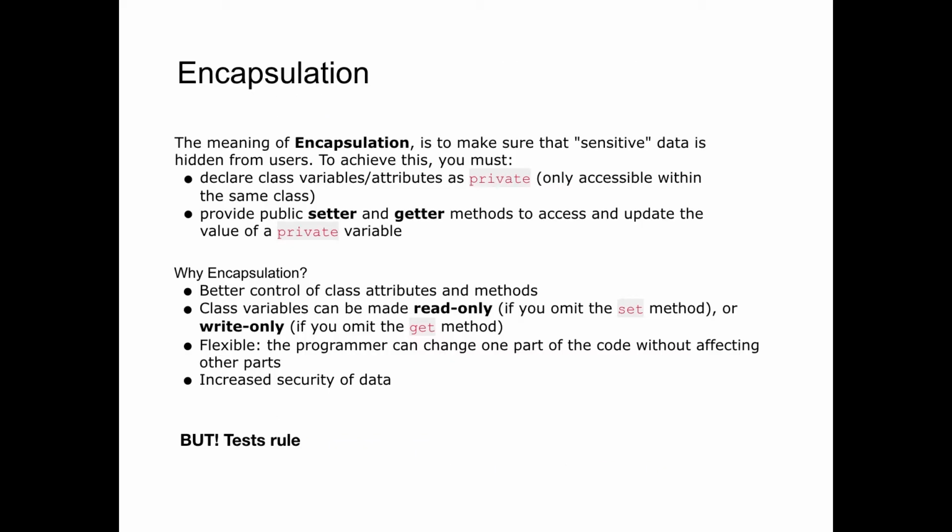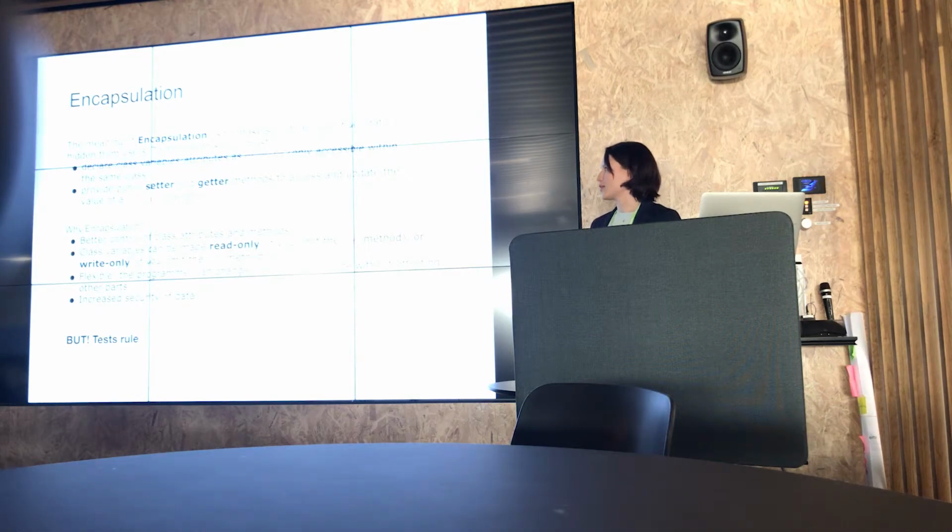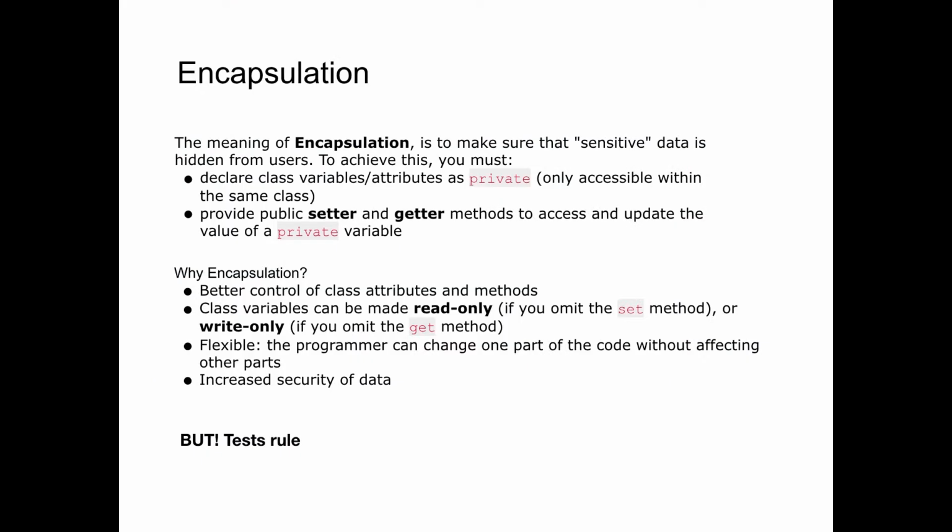Another principle that is good to follow when you are writing classes is encapsulation. It means that in principle, we want the variables to be private and to be accessible only by getter methods. And if you want to set this variable, there should be an additional setter function.